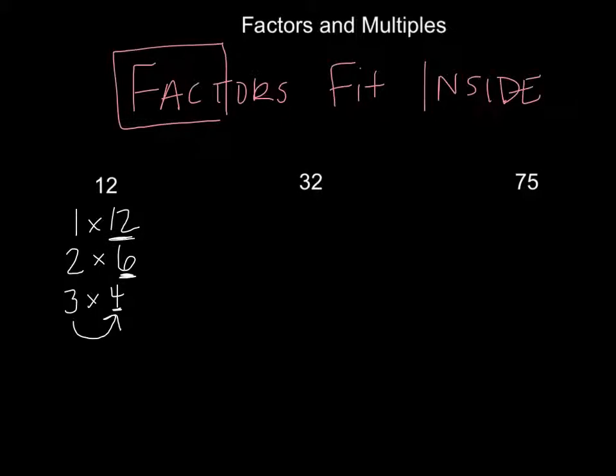So, my factors for 12, the numbers that evenly fit inside of 12, are 1, 2, 3, 4, 6, and 12.